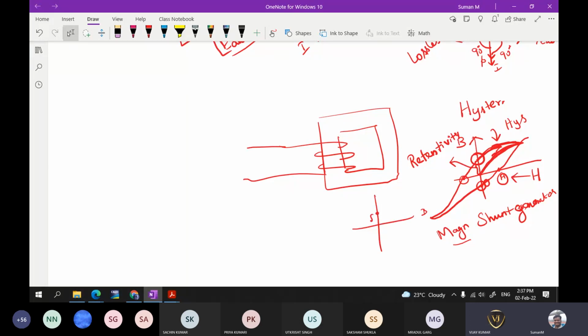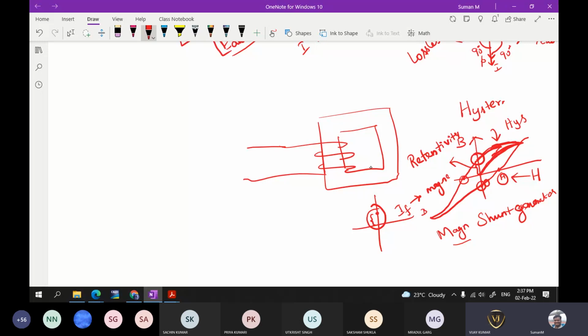Even though the field current is zero, there is some magnetic flux, a magnetic field which still exists in the material. Because of that, there is some EMF induced even though the field current is zero.